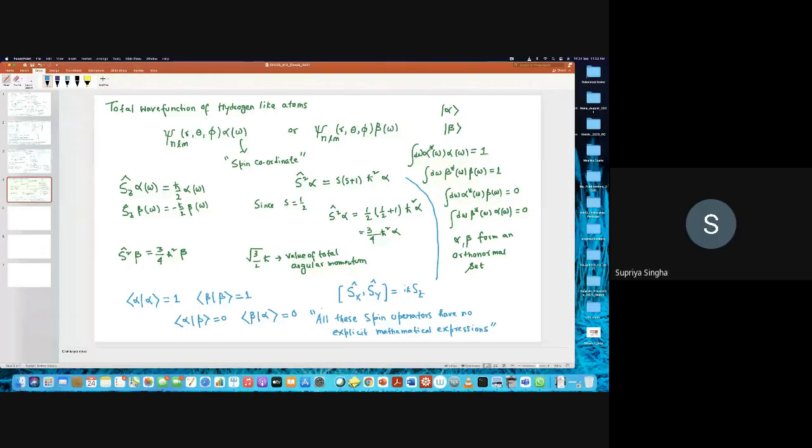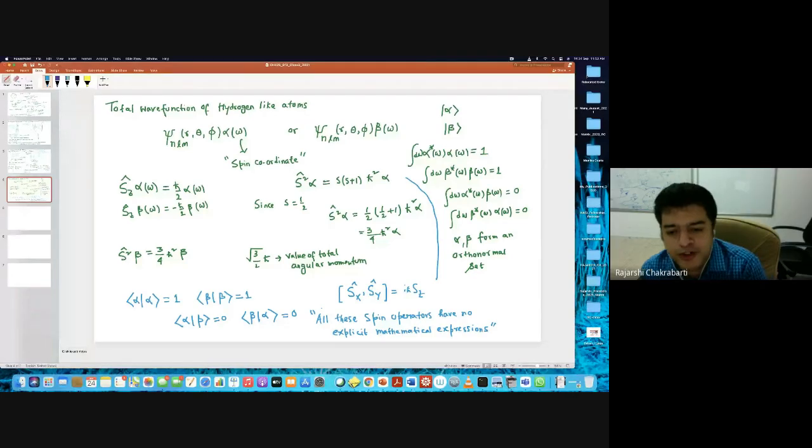So why is there no such corresponding operator? No, there are operators. Who said there is no corresponding operator? There are operators, but operators do not have any mathematical expression. You cannot write Sz in terms of omega or any coordinate. That is the whole point.